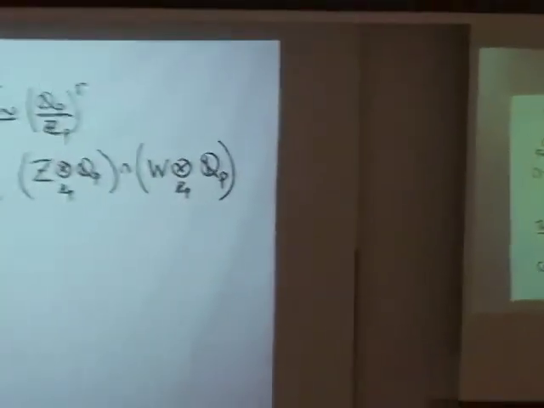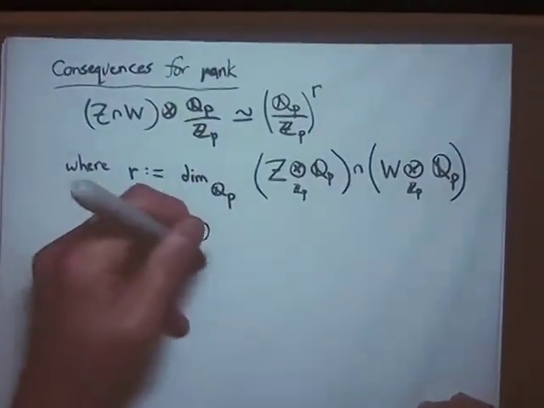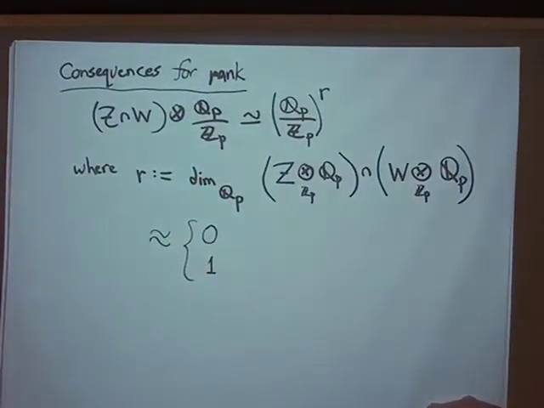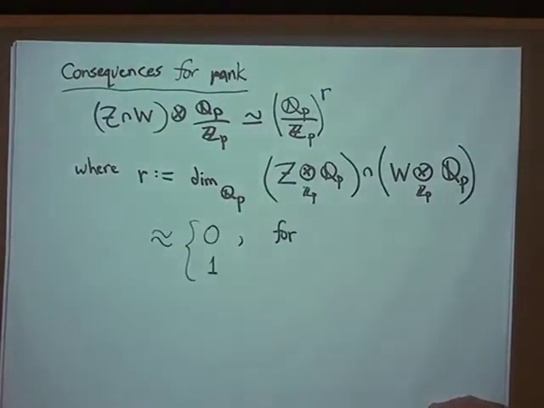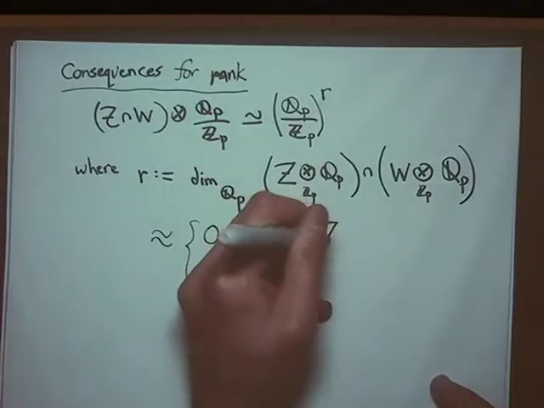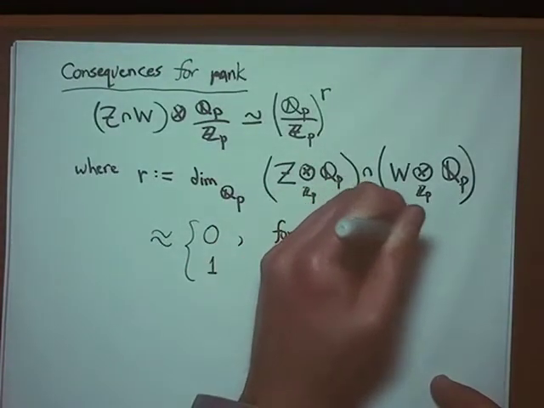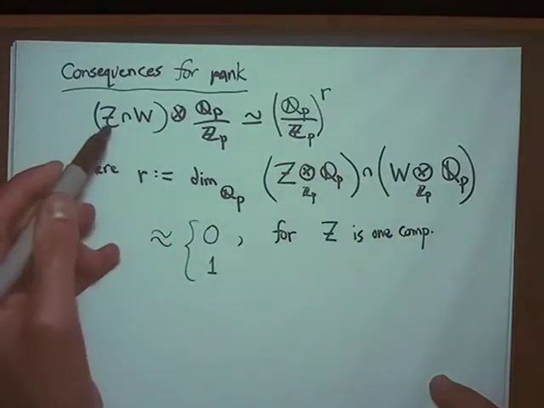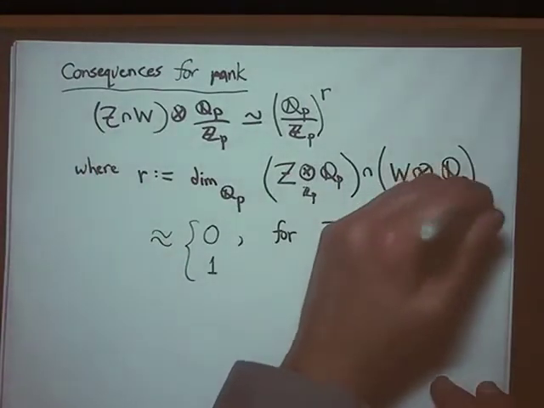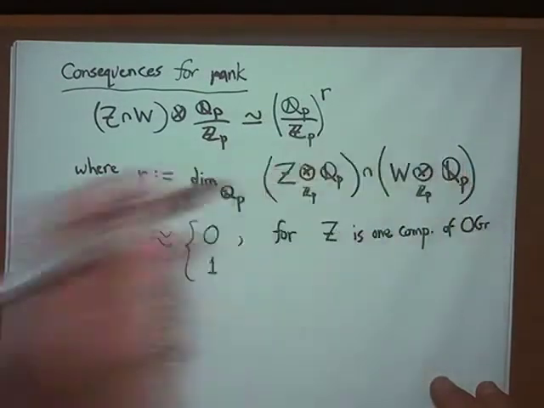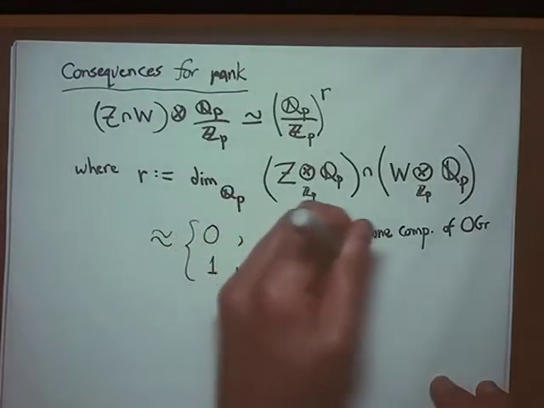So with probability 1, the intersection will either be 0-dimensional or 1-dimensional, just the minimum that's possible given the parity constraint. It's going to be 0 for z in one of the components of OGr, and 1 for z in the other.